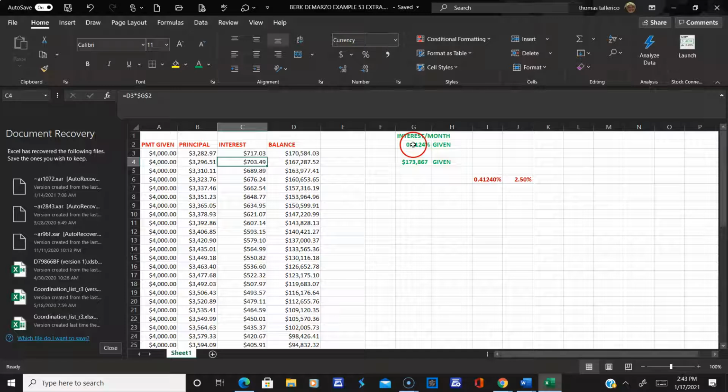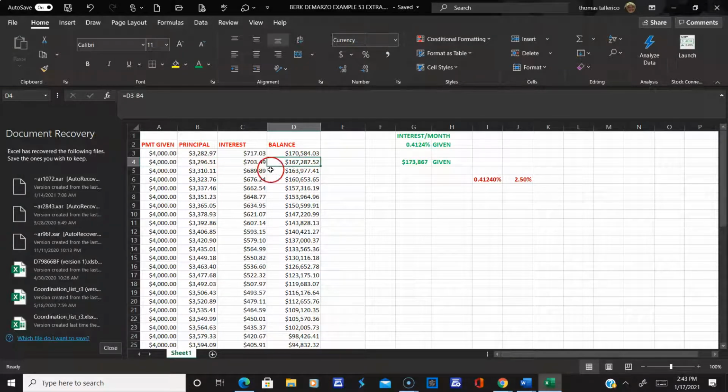So I'm going to hold G2 constant, right? This is constant. And this is my new interest. And again, I subtract that from there and I get this principal. So I now subtract this from here and I have my new principal. So you can see D3 minus B4. Okay. So anyway, I keep doing this.